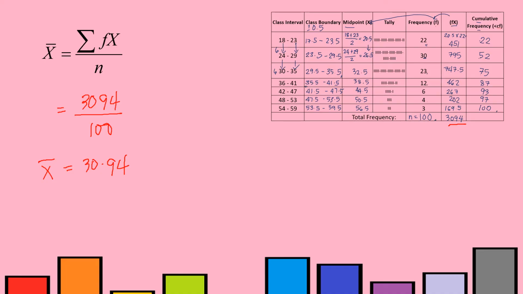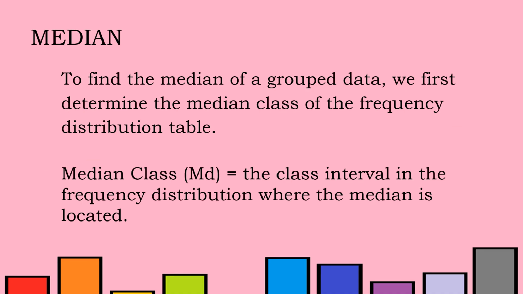Let's proceed to median. To find the median of the grouped data, we first determine the median class of the frequency. The median class is the class interval in the frequency distribution where the median is located. Yung pinaka-class interval ang titignan natin.